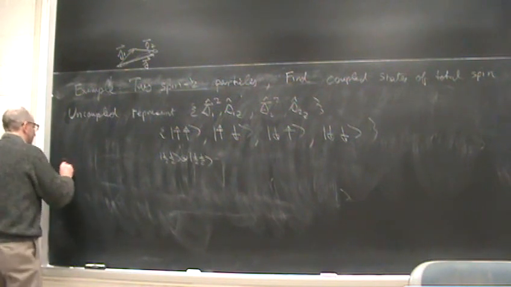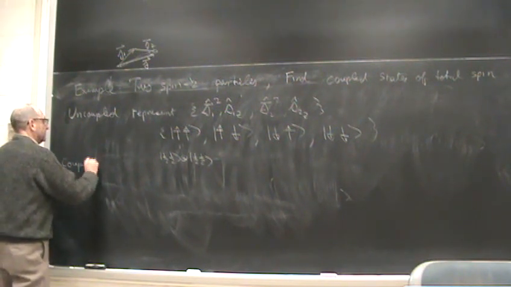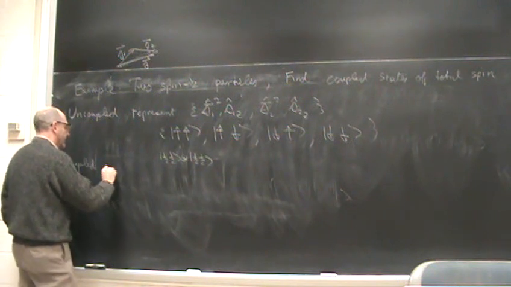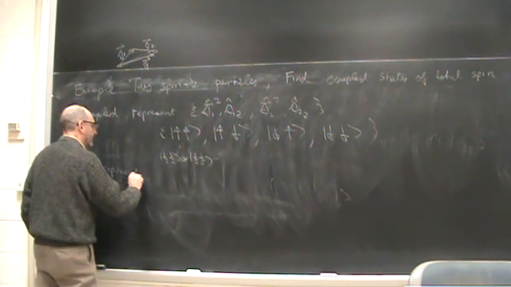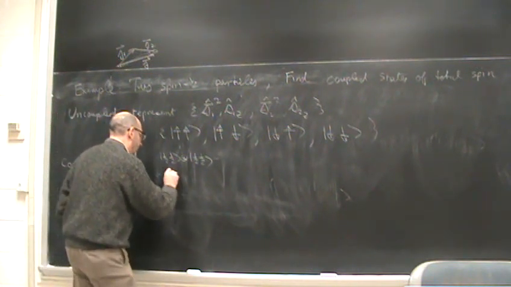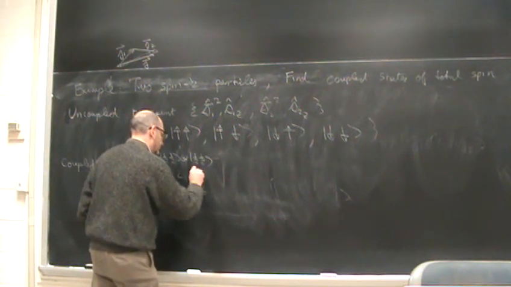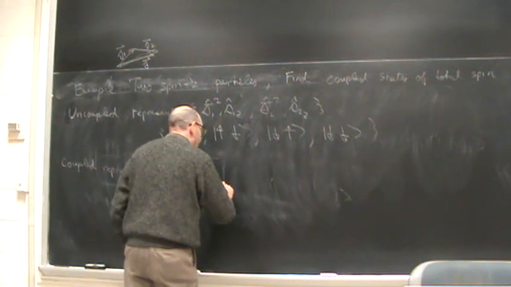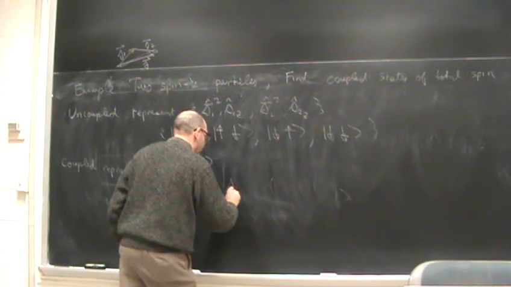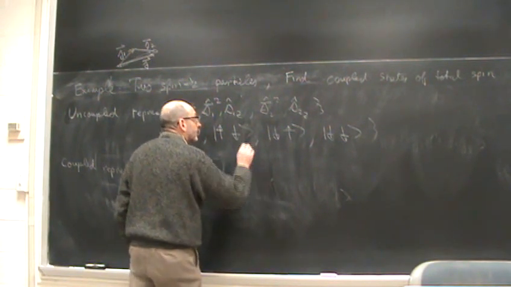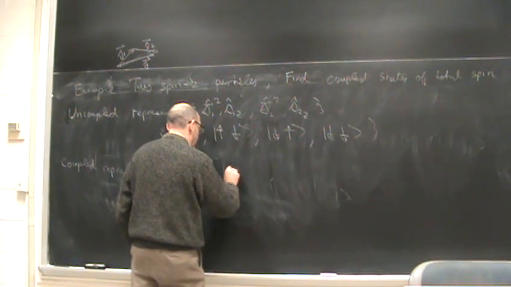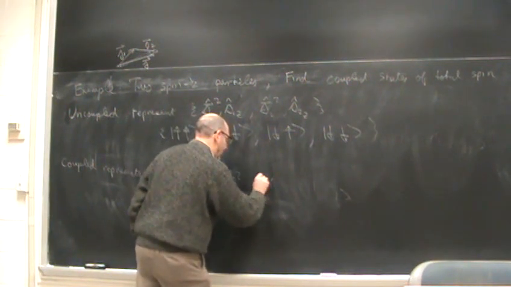The coupled representation are the simultaneous eigenstates of the total S squared, the total Sz, the total S1 squared, and the total S2 squared. This is automatic.